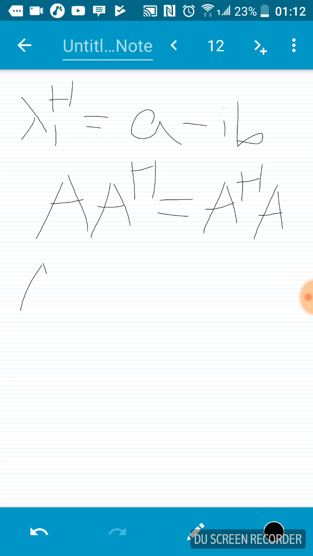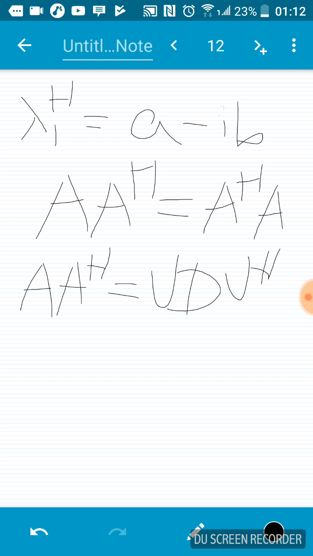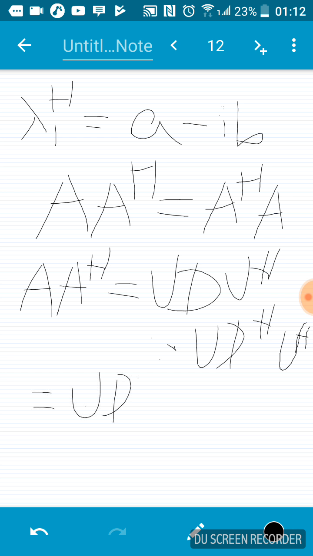Let's look at A A^H. A A^H is U D U^H times U D^H U^H. As we can see, it's equal to U D D^H U^H.